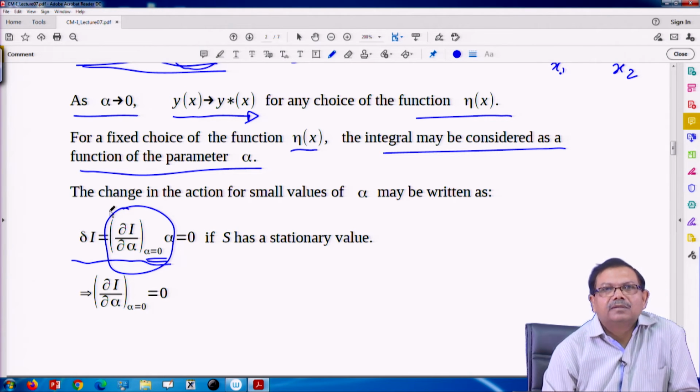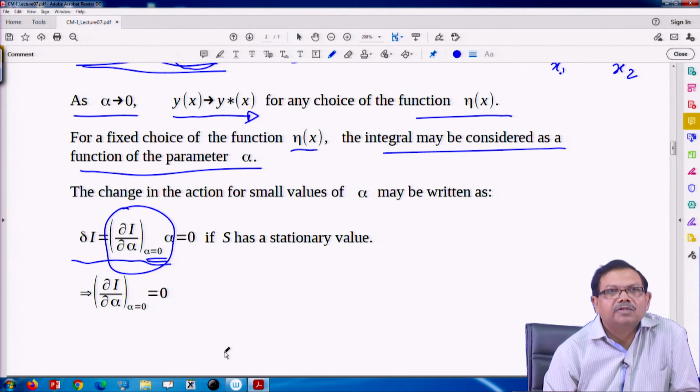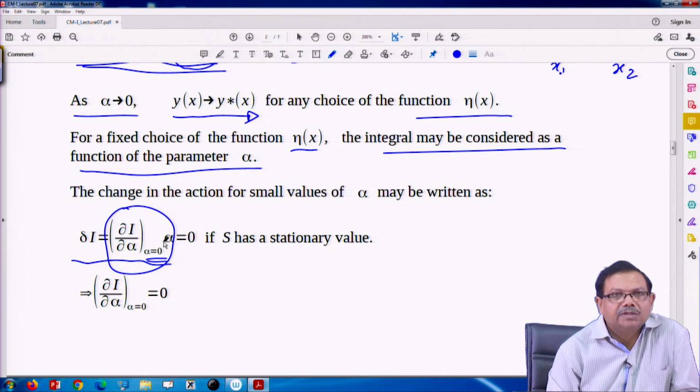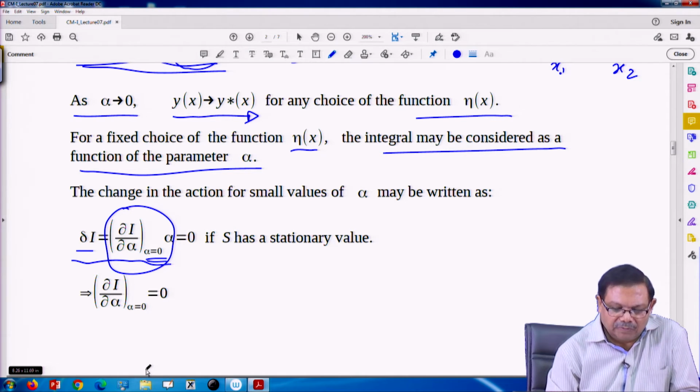There could be a second term in the Taylor expansion, the second derivative of I with respect to alpha, etc., but generally we consider a small variation and we keep mostly the first term in the Taylor series. So, up to order of alpha, this is the change in the integral if I am changing the path. Now, alpha is the parameter, by changing that I am changing the path between x 1 and x 2.